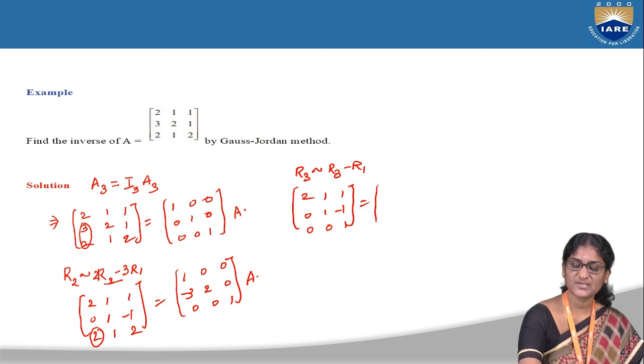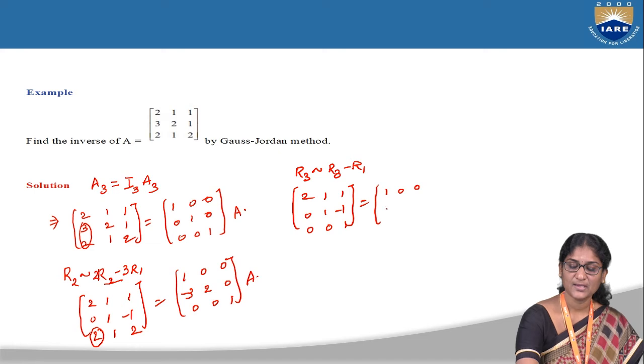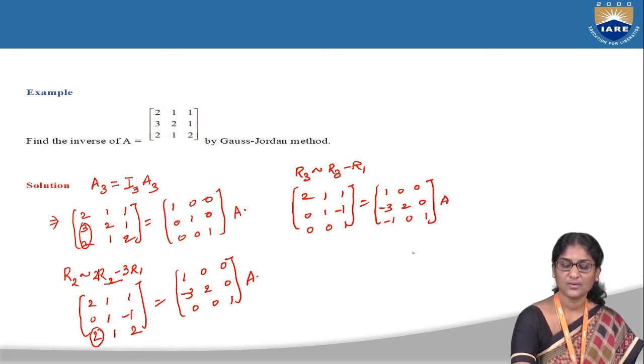The same operations have to be done on the prefactor of the right hand side. So minus 3 2 0, and minus 1 0 1, into the matrix A. Do not forget to write matrix A on the right hand side, because if you forget it, the two matrices never become equal with each other, right?